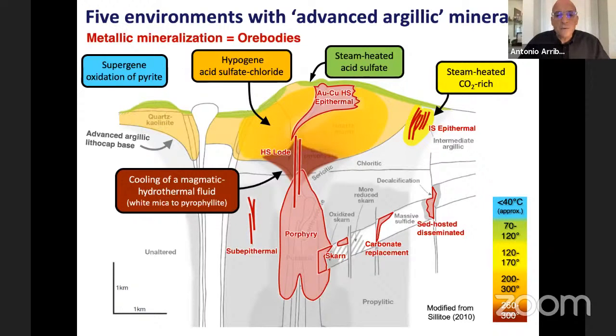And it turns out that you have exactly the same environment as magmatic hydrothermal, sulfur-rich, oxidized sulfur, and you have exactly the same alunite and quartz and native sulfur. So many of these, we continue to learn. So that's a very interesting field, how much of what we are describing on land applies to submarine deposits.